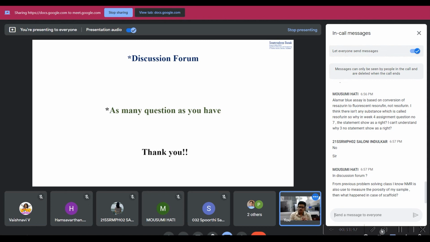Anyone else? What happened in case of scaffold? What kind of scaffold are you talking about? From the previous problem solving class, I know NMR is also used to measure the porosity of my sample. For porosity determination, NMR can be employed. Not just for particles or any kind of material, it can also be used on a porous scaffold.